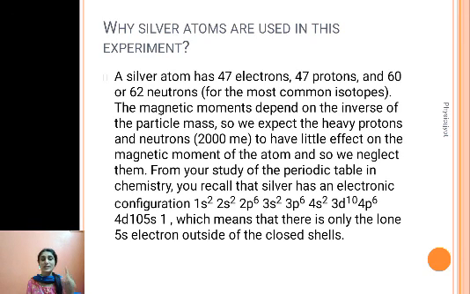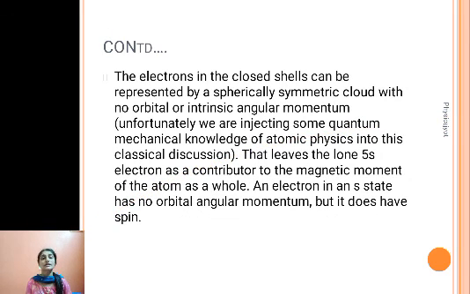That means silver has one unpaired electron, which means that there is only one 5s electron outside of the closed shell. Now, the electrons in the closed shells can be represented by a spherically symmetric cloud with no orbital or intrinsic angular momentum. So here the 5s electron which we have is the unpaired electron.